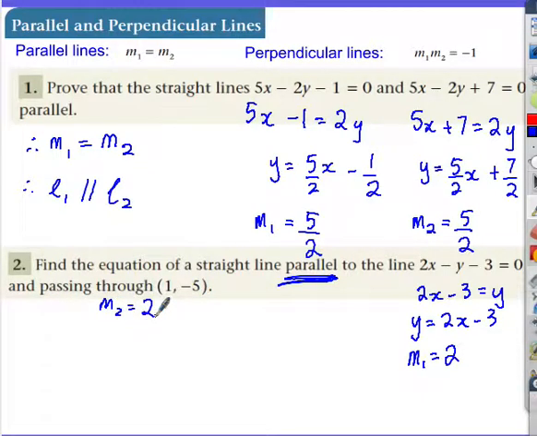And now we've got our point and our gradient. So remember that formula yesterday I said is essential, the point gradient formula. That's the one that we're going to use now to find the equation of this straight line. We've got this gradient and we've got the point that it goes through. That's y minus y1 equals m times x minus x1.